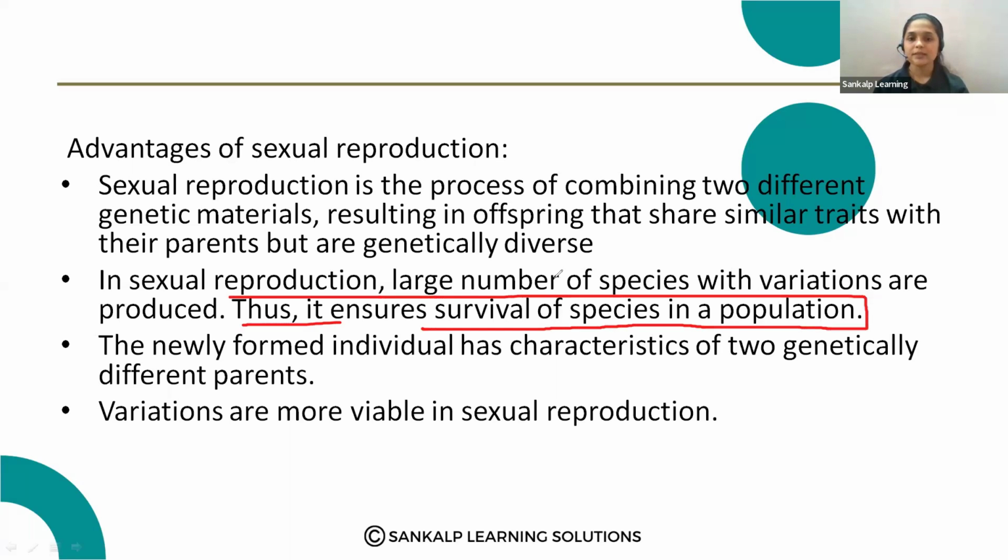And there is more variation compared to asexual reproduction. That is also very important that you have to include in your answer. If you want, you can note down the important points in this answer.